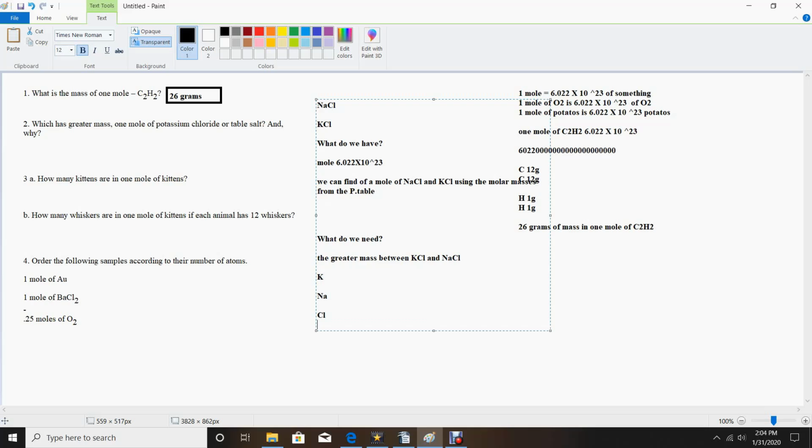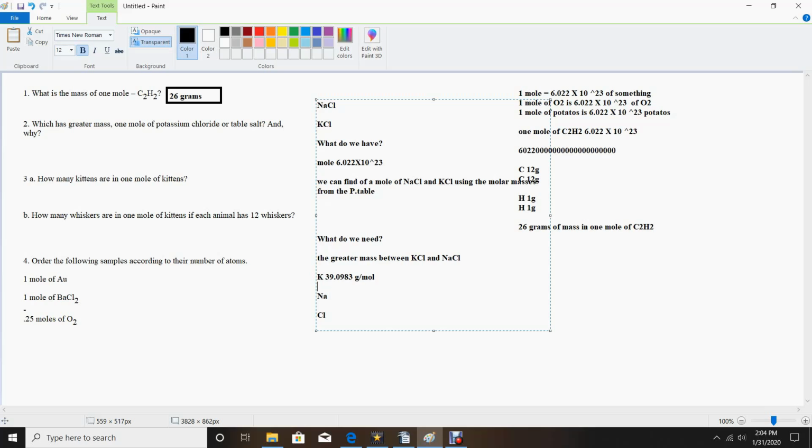So the mass of potassium, per the periodic table, 1 mole of potassium is 39.0983 grams. We're not really given significant digits here, so I'm just going to write out as much as we have.